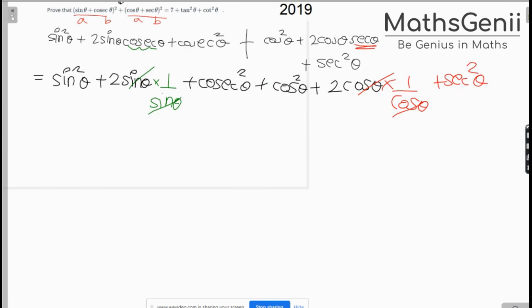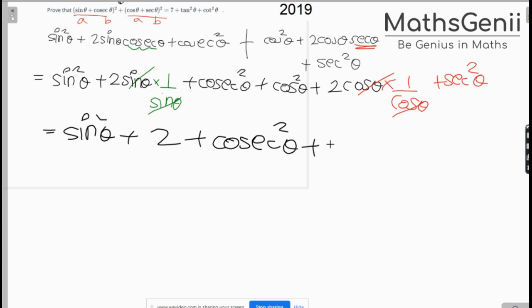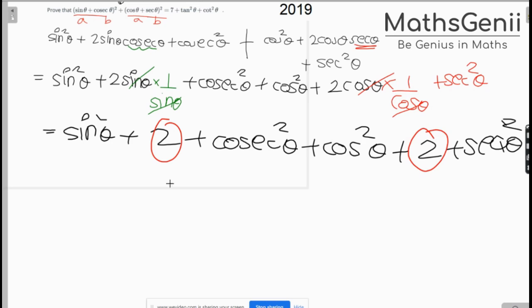Now what I have is sine square theta plus 2, because all this gets cancelled, right? Plus cosec square theta plus cos square theta plus 2, because all this is cancelled, plus sec square theta. Can I say that 2 plus 2 is 4?